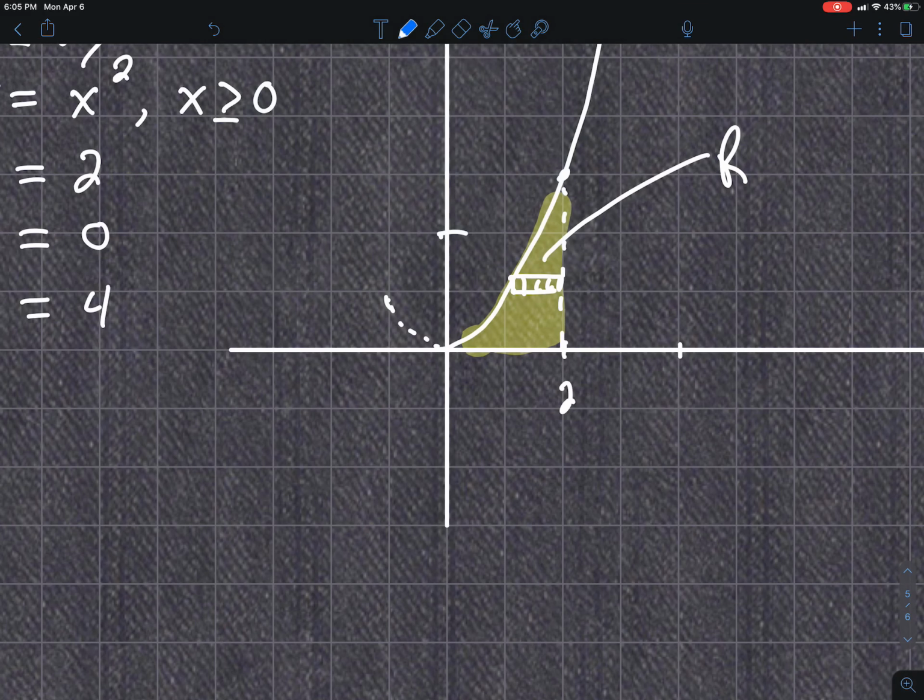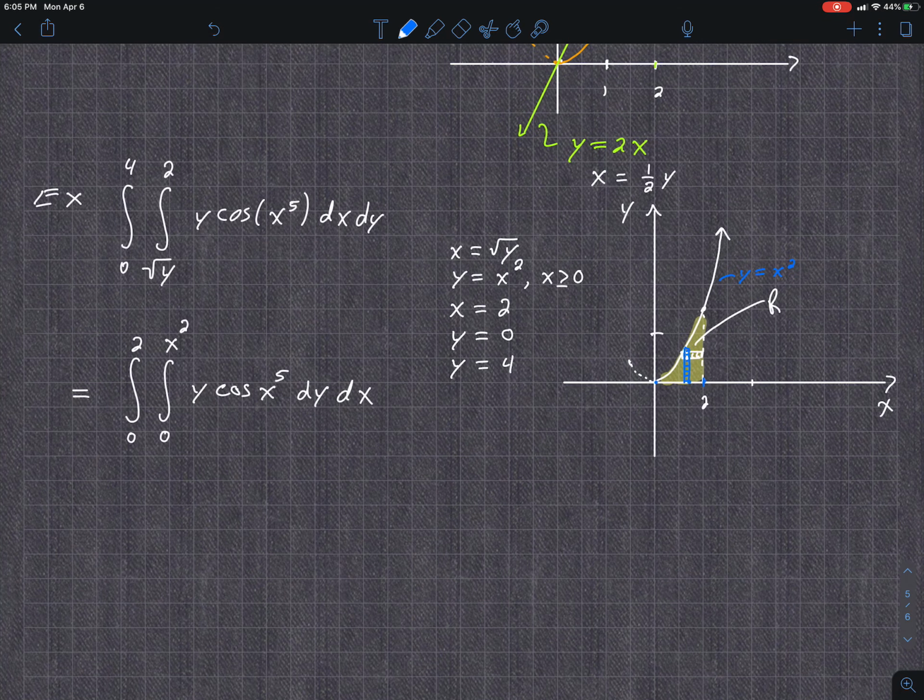So now you're going this direction, like this, vertically. And you're integrating, so now this is your y equals x squared, and we already know x goes from 0 to 2. So you go from y equals 0 to y equals x squared, and that's your dy. And your x is from 0 to 2.